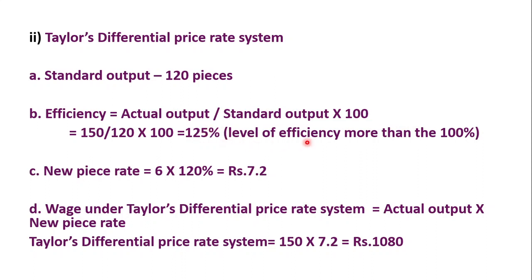So, the level of efficiency is more than 100% here. Now, new piece rate is 6 into 120%, which is rupees 7.2. The last step is to calculate wages. The formula is actual output into new piece rate. Actual output is 150 and new piece rate is 7.2. The wages under Taylor's differential piece rate system is rupees 1080.